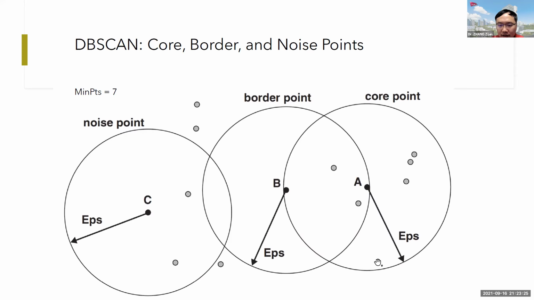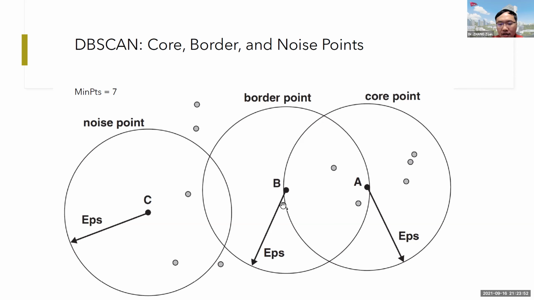In this circle, we find one data point, around which we draw another circle, and in that circle it does not contain 7 data points, so it does not meet the minimum points criteria. So the point B is not a core point, but it is a neighbor of another core point A.